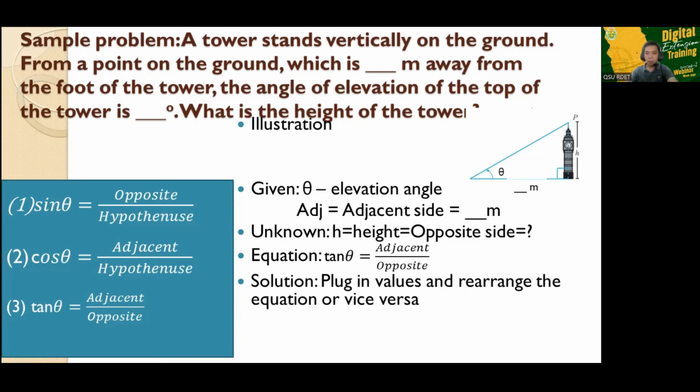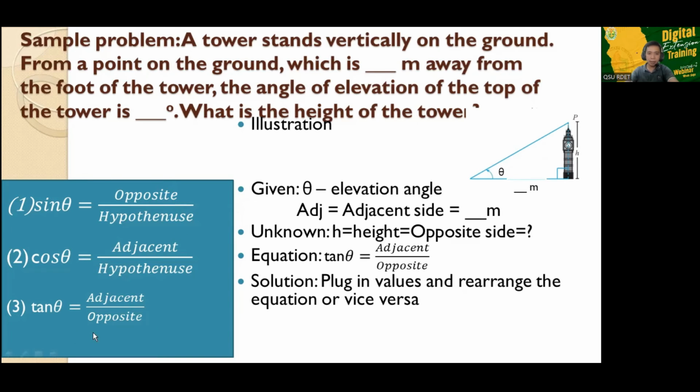By evaluating the given and unknown, we know that the equation to be used is equation number 3. For what reason? Because what are involved in the problem are the adjacent side, the elevation angle, and the opposite side.